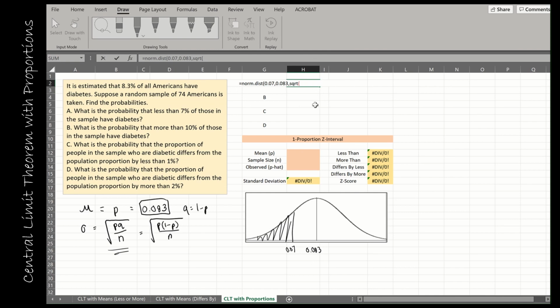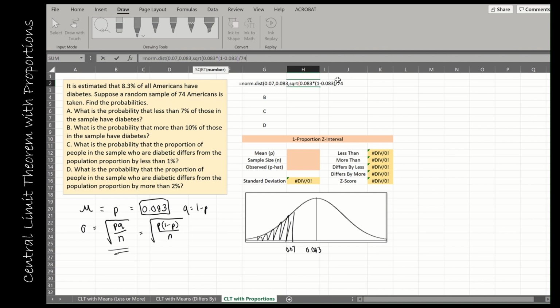So I'm going to take the square root of P, which is 0.083, times 1 minus 0.083. Notice I've created a new parenthesis and closed that parenthesis, but I haven't closed the parenthesis on the square root. And then divided by n, and n is our sample size, and it says 74 Americans.